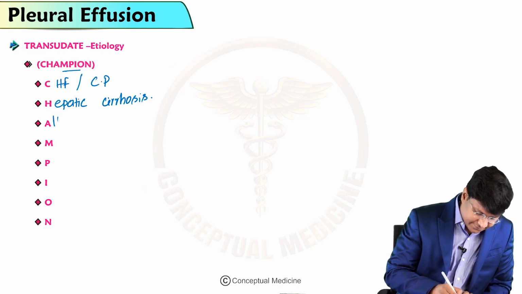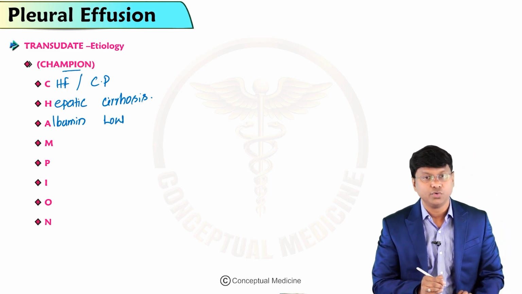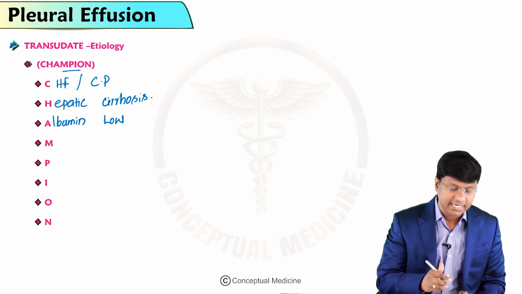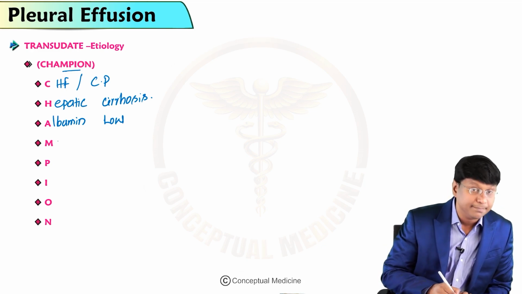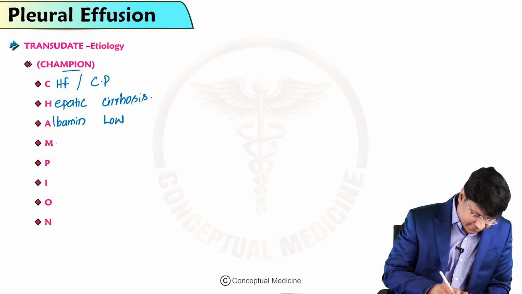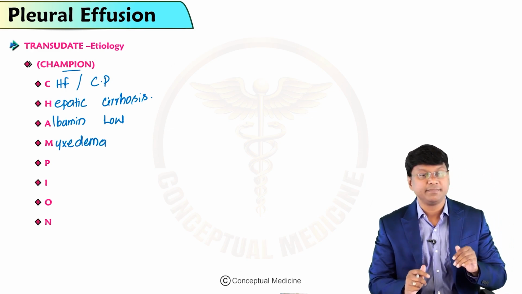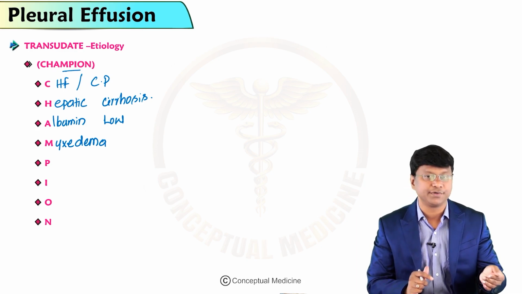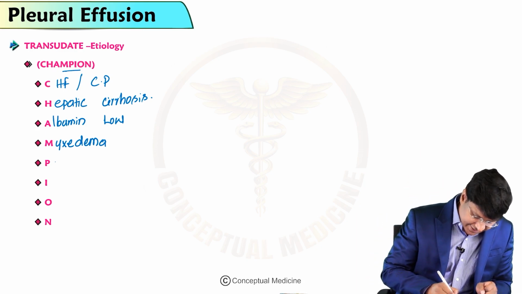A stands for albumin being low, that is your hypoalbuminemia. M stands for myxedema, and this myxedema is nothing but your hypothyroidism. P stands for peritoneal dialysis.